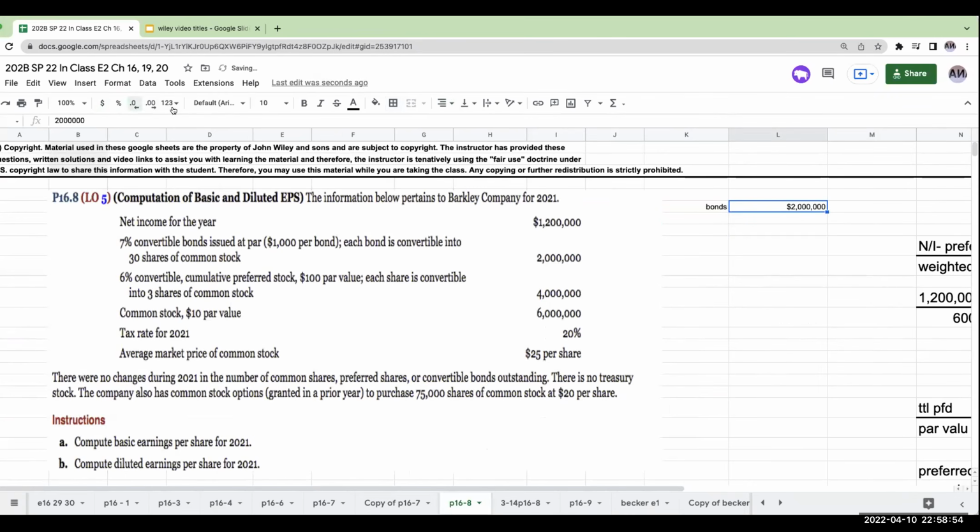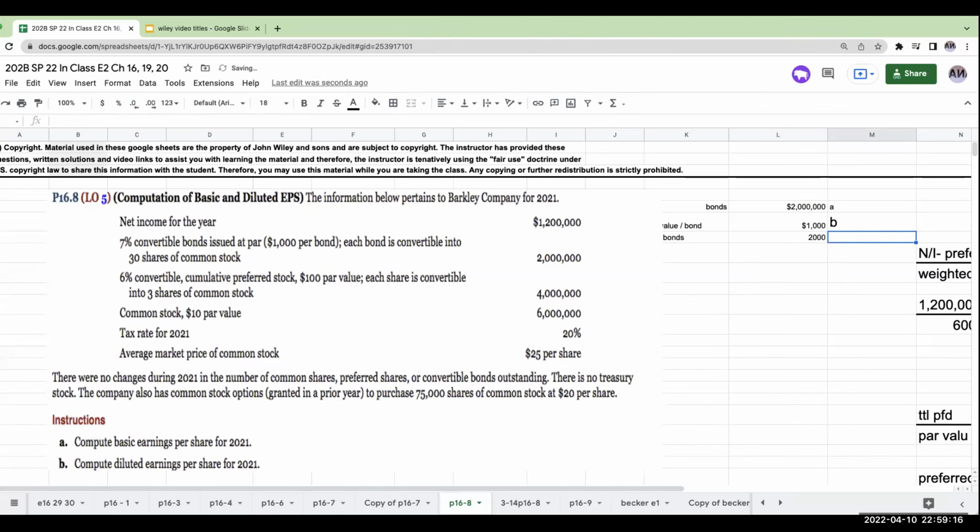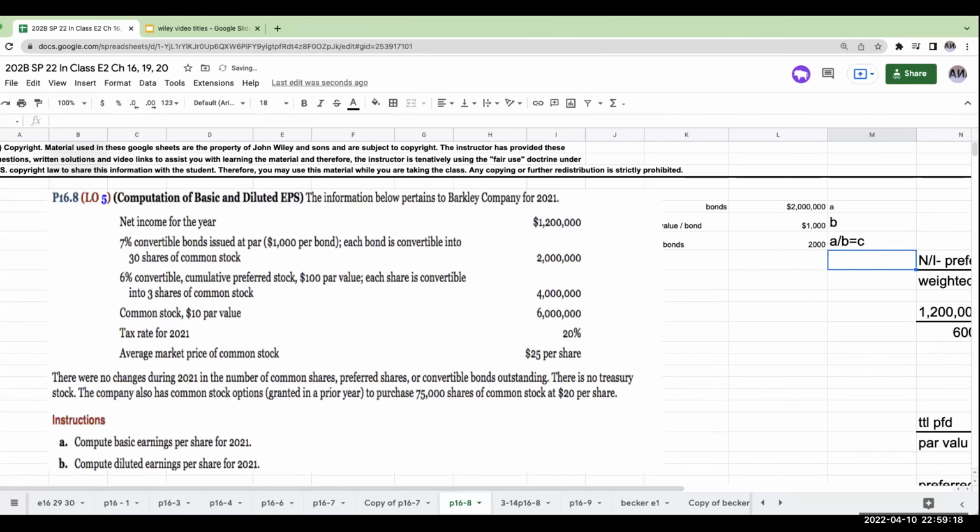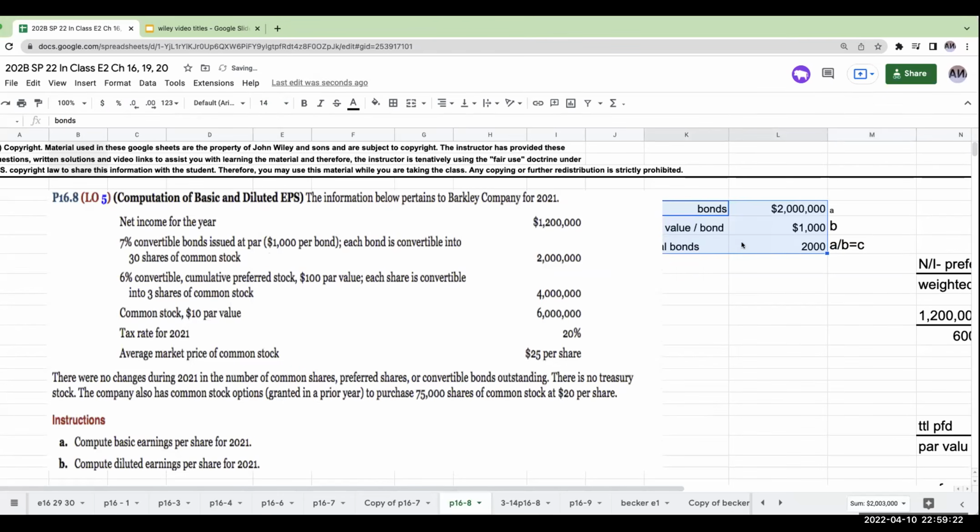So my bonds over here are at 2 million. My par value per bond is 1,000. So the total number of bonds that are going to be outstanding right over here is going to be roughly 2,000.